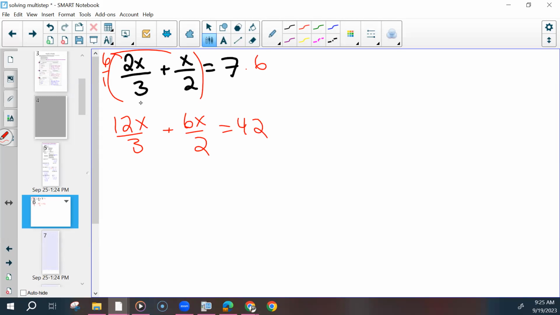We still have the fractions for now, but we can simplify. We simplify these two, what would they become? Think about just dividing. 12 divided by 3.